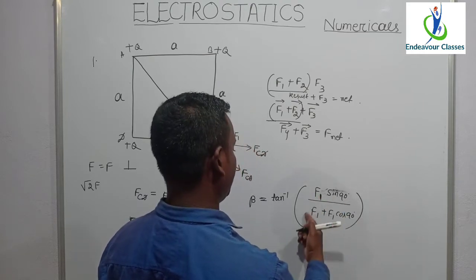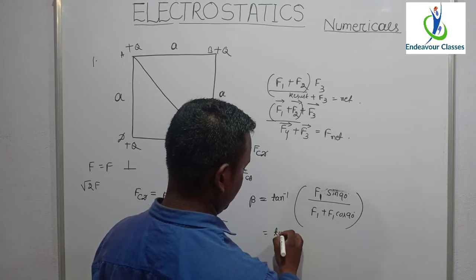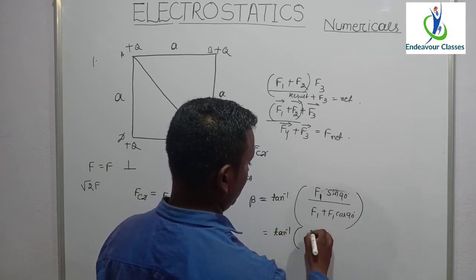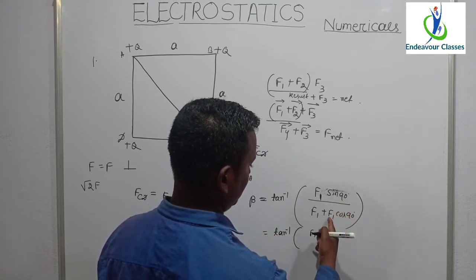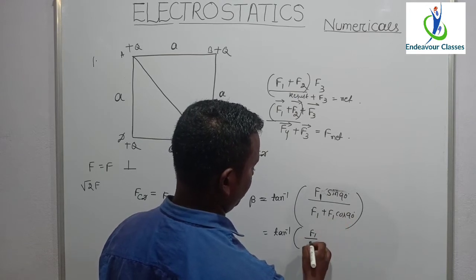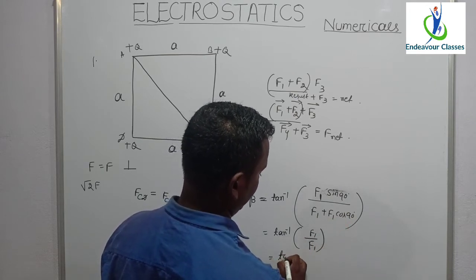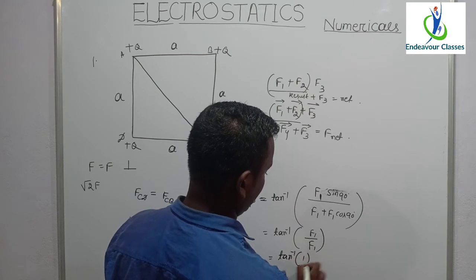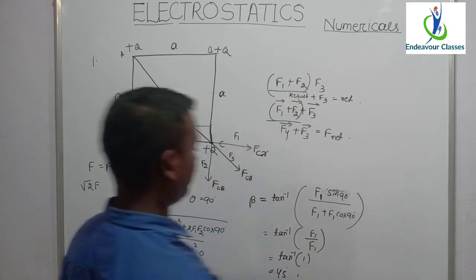Sin 90 is 1 and cos 90 is 0, so it will be F1 by F1. So that is tan inverse 1, which is equal to 45 degree.